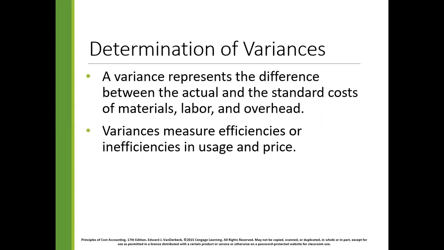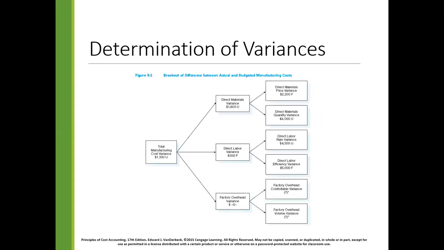And then just like it shows here for overhead, the variance, again, is the difference between the actual and the standard cost. And then variances measure efficiencies or inefficiencies in usage and price. And this is the same thing that we do for overhead.